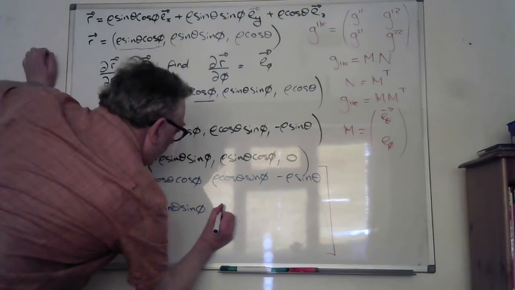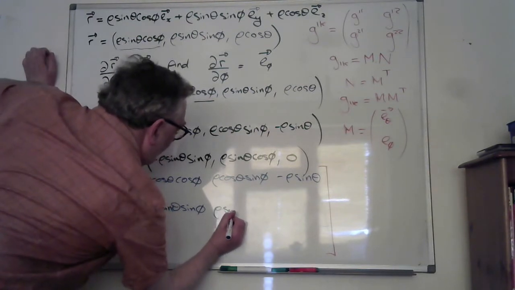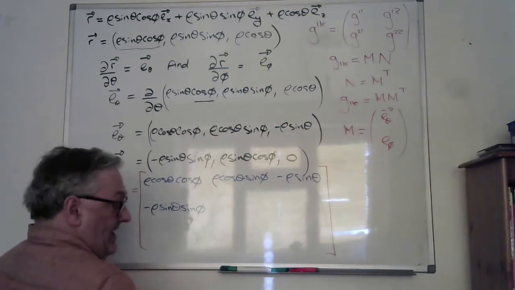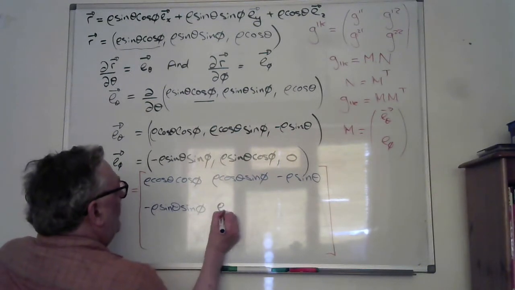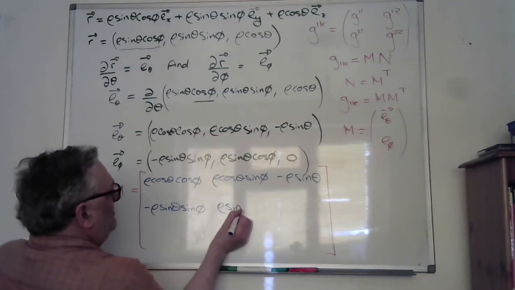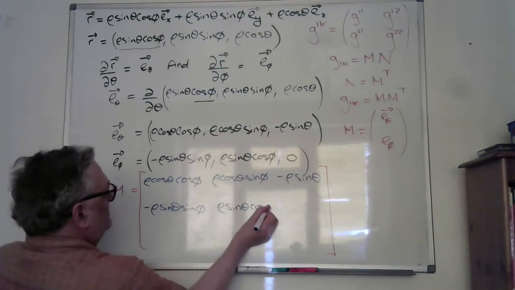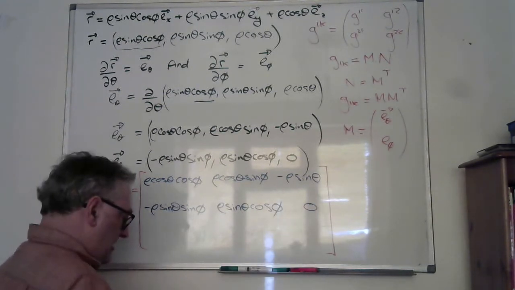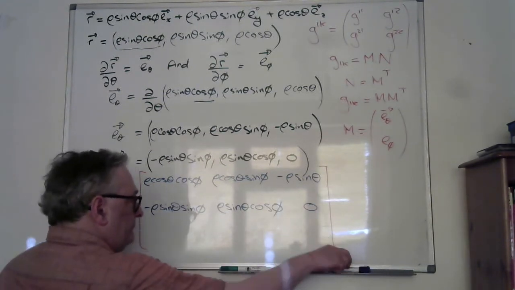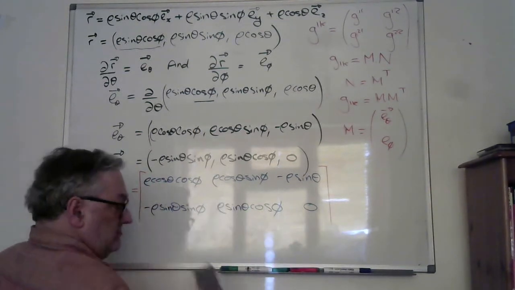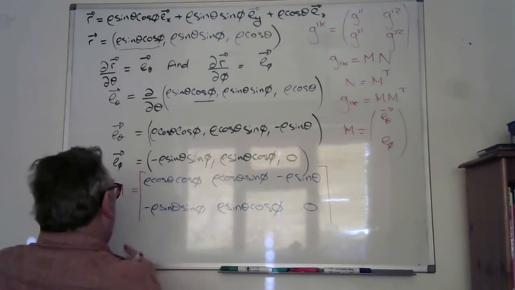So we've got rho sine theta cos phi and 0. What I'll do is shorten the matrix to make it look a bit better. Right.